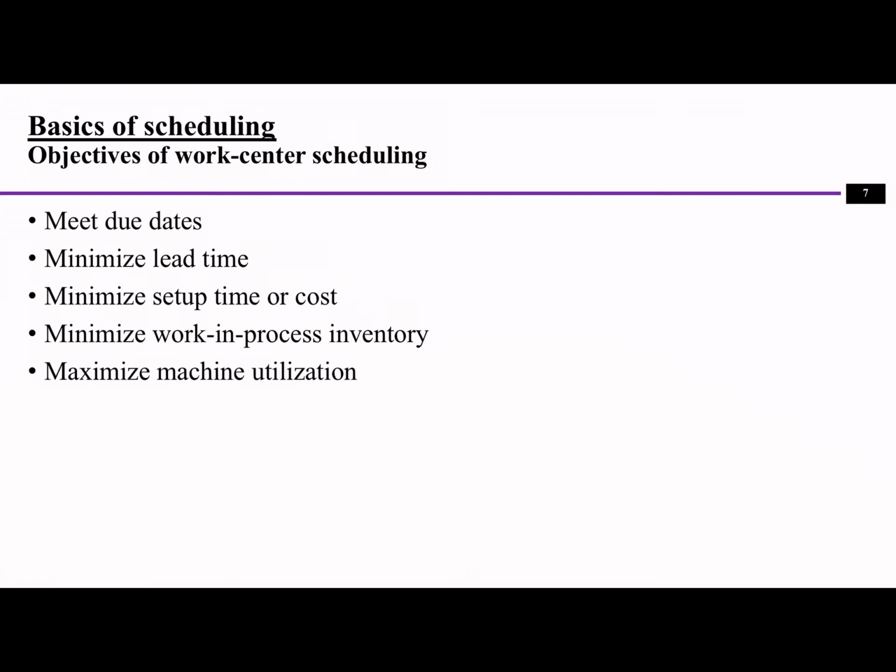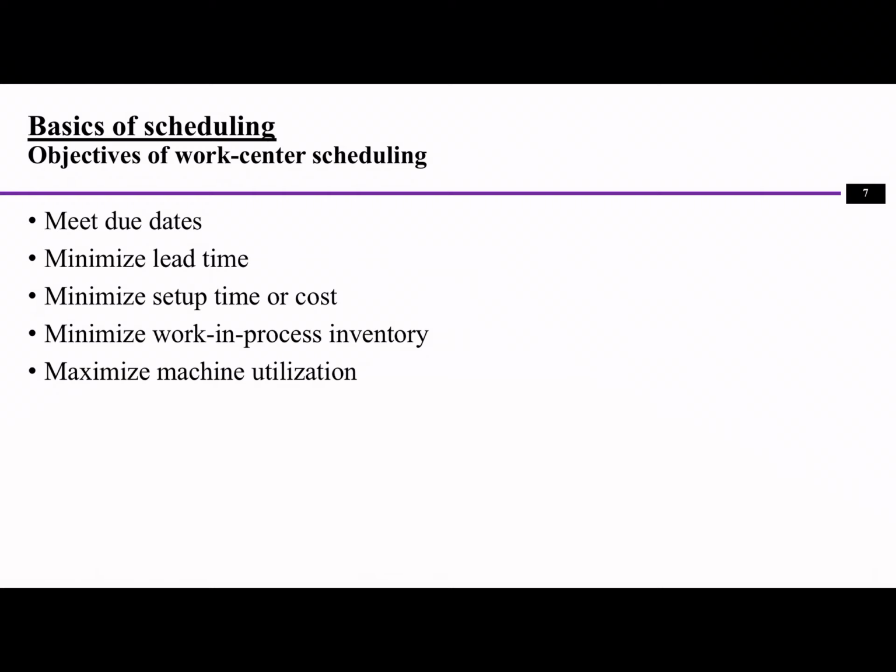All right, some of the objectives that we want to meet in work center scheduling are, first of course, to meet the due dates, and also to minimize the lead time and minimize the setup time or cost, because we do not want to spend a lot of time doing setup or reconfiguration, as that is all time and also money.